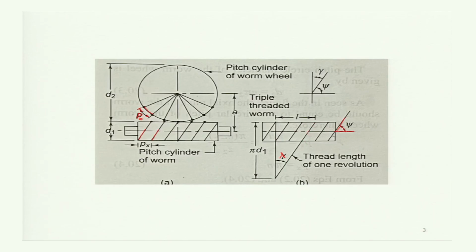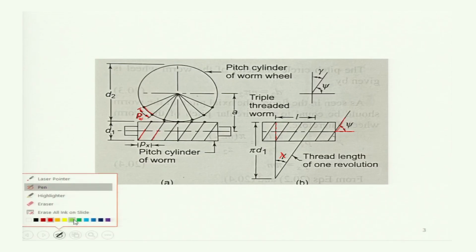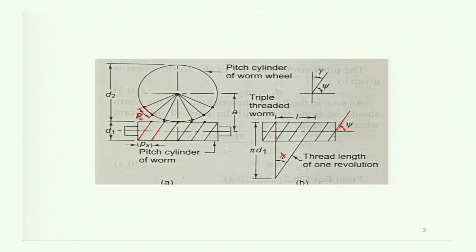Now if this lead angle is not there and if it is 0, then the thread would be in this way. Now as the lead angle is there and the thread is inclined by that lead angle, the thread is in this way.